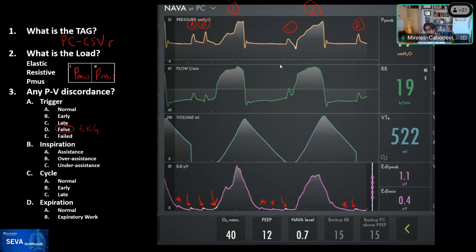So it was very high, and the patient had even higher than this. The reason why we got this image was because of the false triggers. But yeah, we thought that the patient was being assisted. The work of breathing was better, but still had a very high electrical activity of the diaphragm. I mean, this was a patient with pulmonary fibrosis, actively breathing in and out, very, very hard.